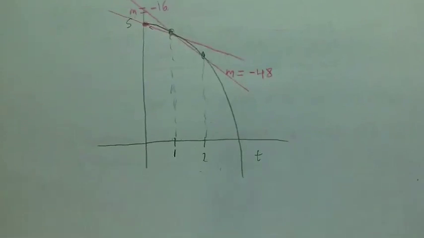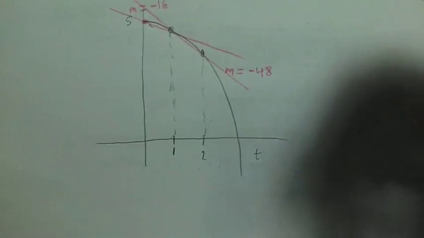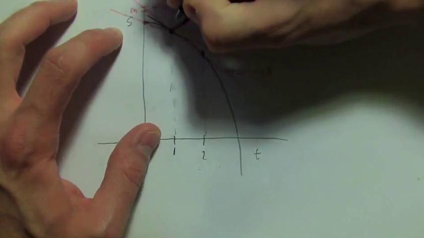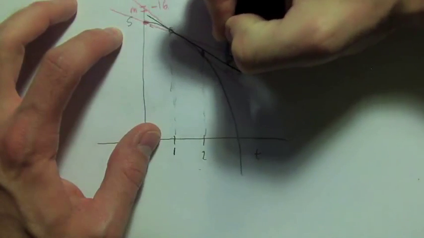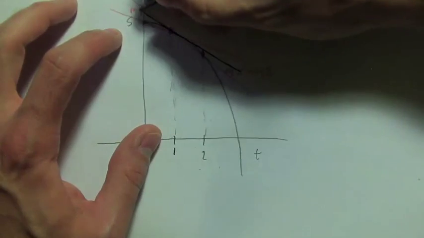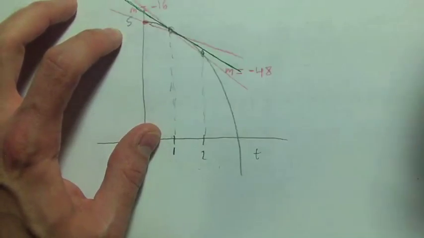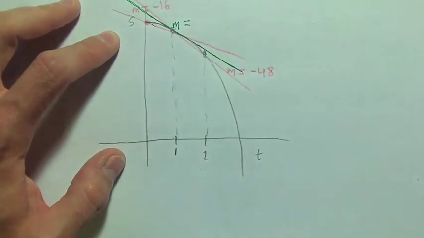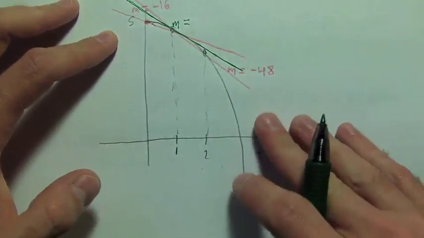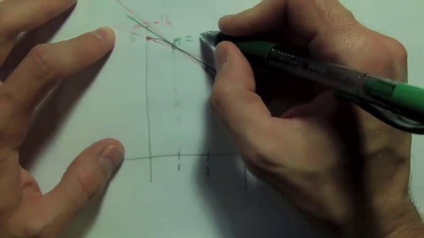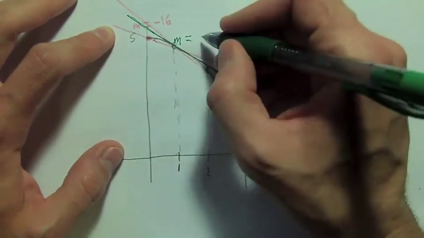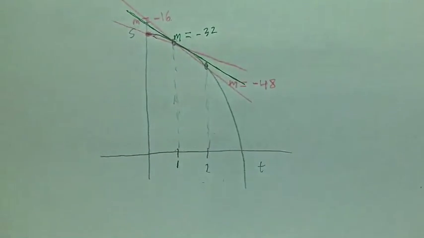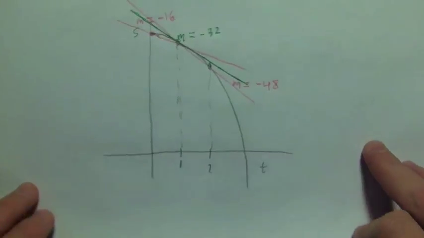Okay. And the instantaneous rate of change, we actually have this tangent line here. We found the slope of the tangent line at t equals 1 was, what, negative 32?